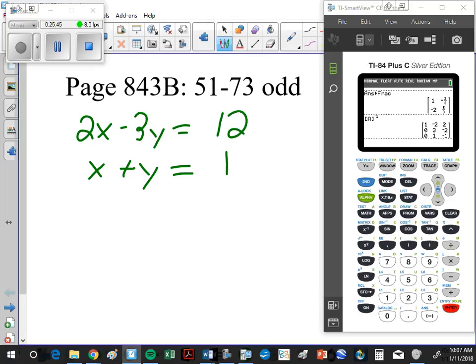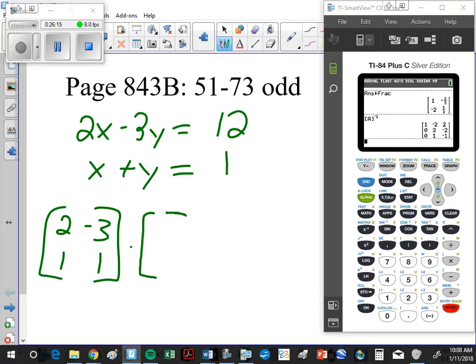So, let me show you another way to represent this. RREF gets rid of all of the variables. Okay? So I am going to make a matrix that is the coefficient matrix, the variable matrix, and the answer matrix. So the coefficient matrix is 2, -3, 1, and 1. And then I'm going to multiply that by the variable matrix, x, y.